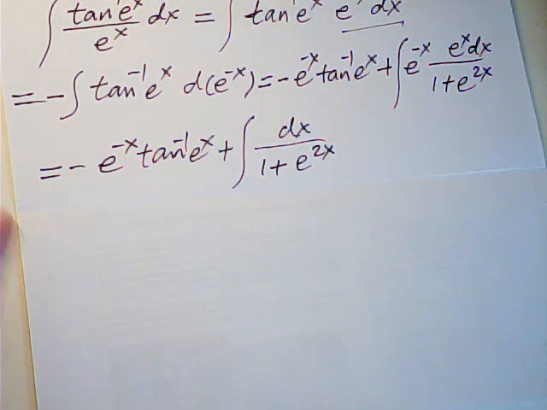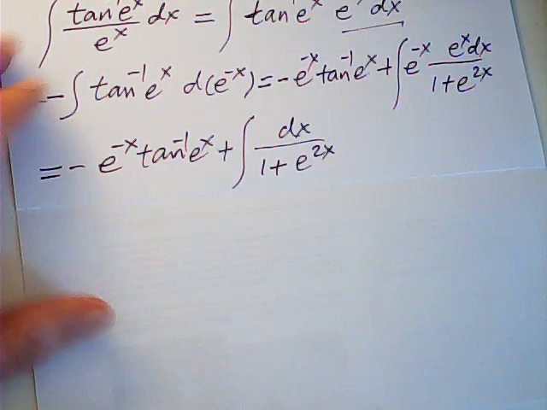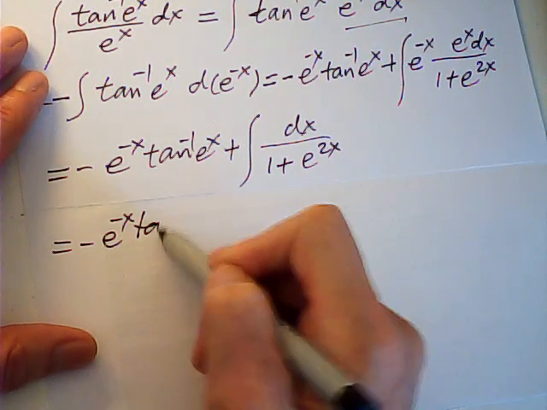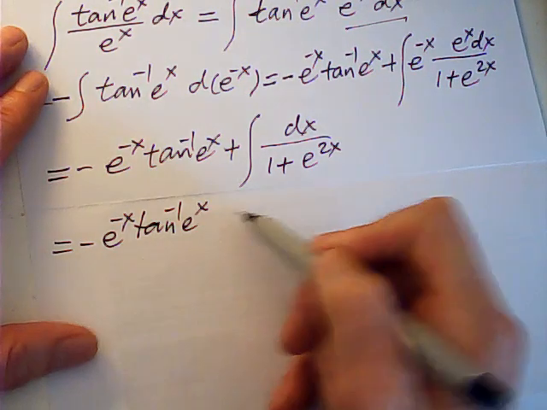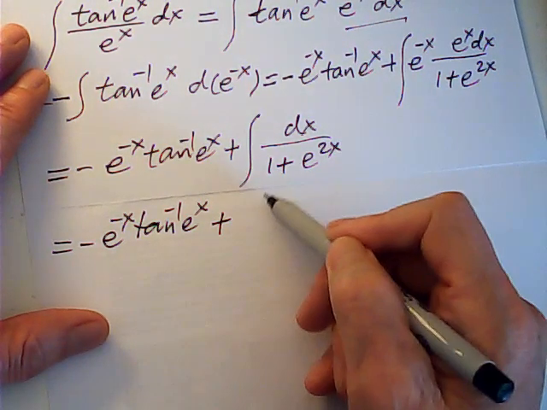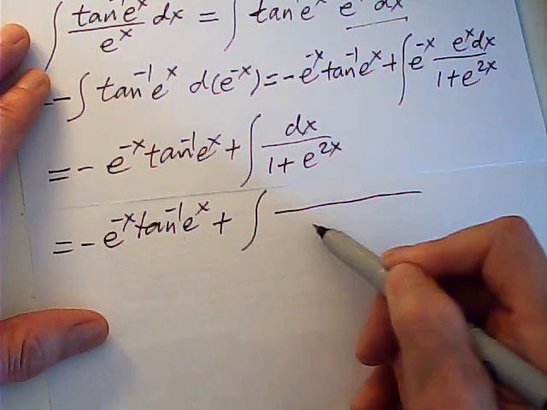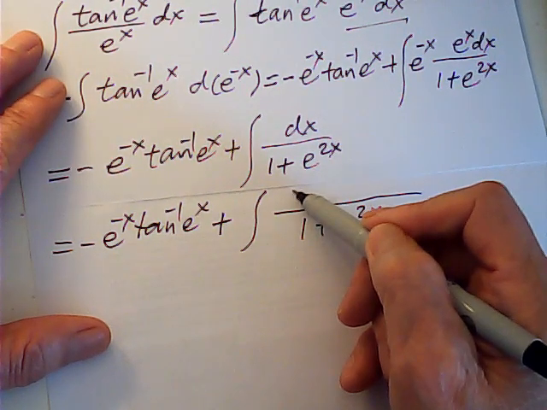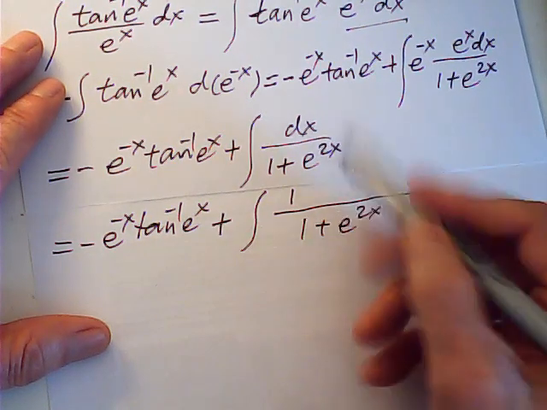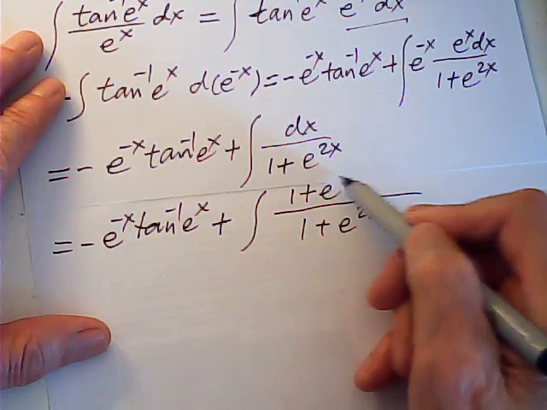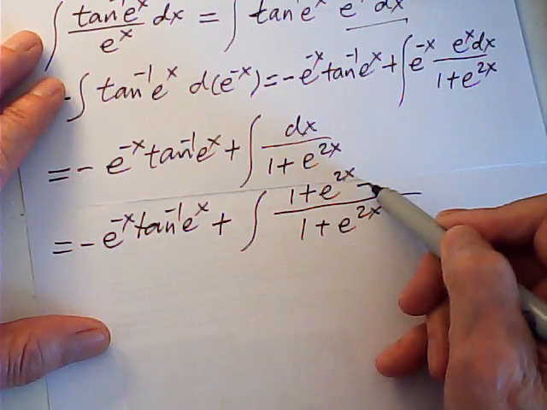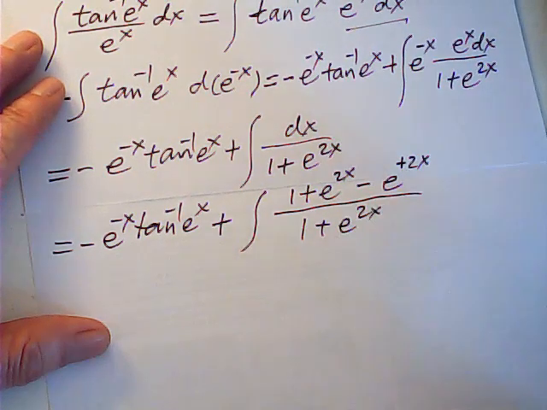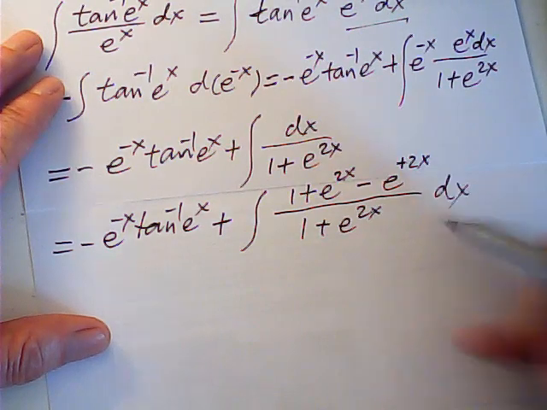Well, so far so good. Now this one is equal to negative e to the negative x arctangent e to the x plus, I can write this one, 1 plus e to the 2x, into 1, there's a 1 here, right? Plus e to the 2x minus e to the 2x, dx.